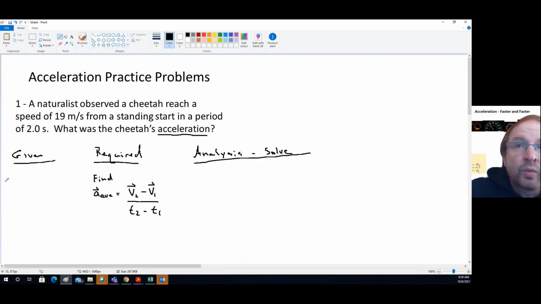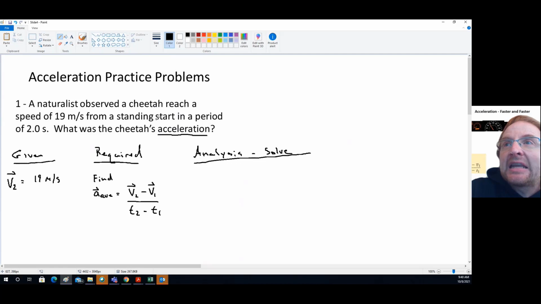Let's get these values out. What is given in this question? Reached a speed of 19 meters per second. Okay, so it looks like we've got our velocity 2 right there. It reached that speed. Now we got our meters per second.